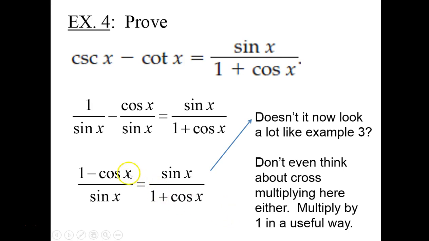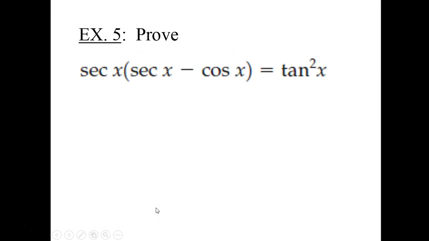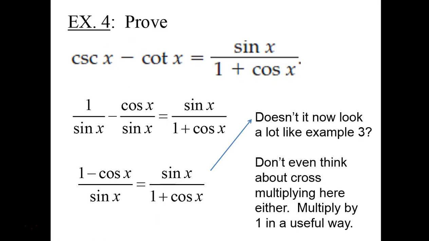Again, I know you see this fraction on the left equal to the fraction on the right. I know you want to cross multiply. Don't. Instead, I'm going to multiply by 1 in a useful way, and I'm going to finish it up just like we did the last problem. So from here, treat it just like you did the last problem in example 3.